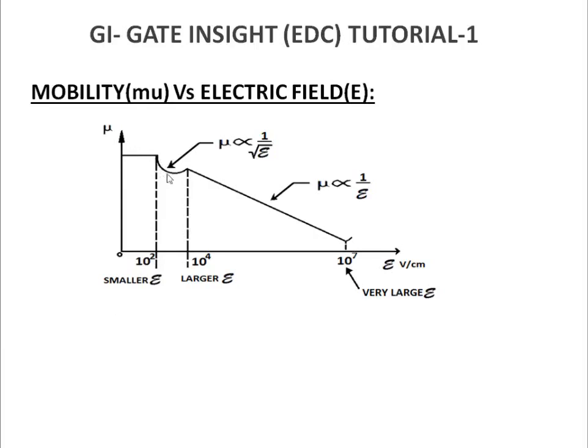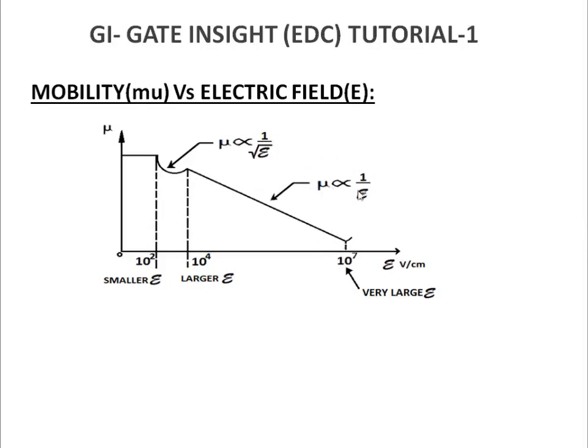After that there is a non-linear change between 10 to the power of 2 and 10 to the power of 4, where mu is proportional to 1 divided by the square root of the electric field. After that, when a larger electric field is applied, that is greater than 10 to the power of 4, the mobility starts decreasing, with an inverse relation.